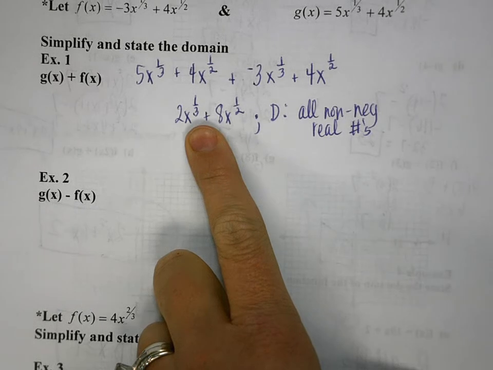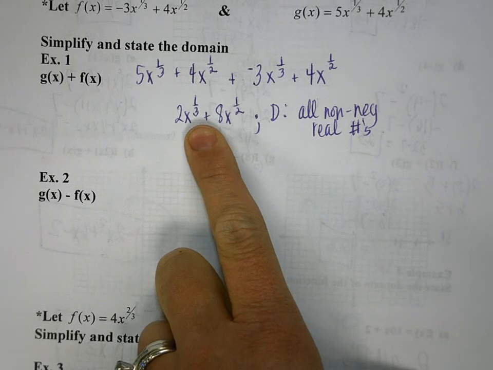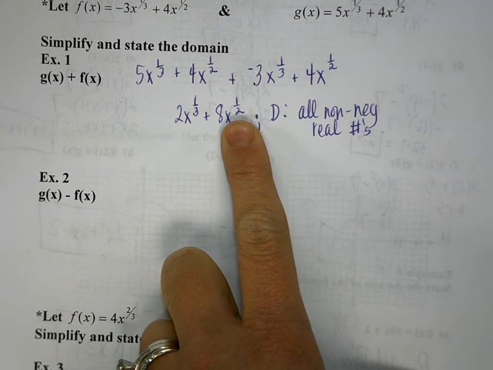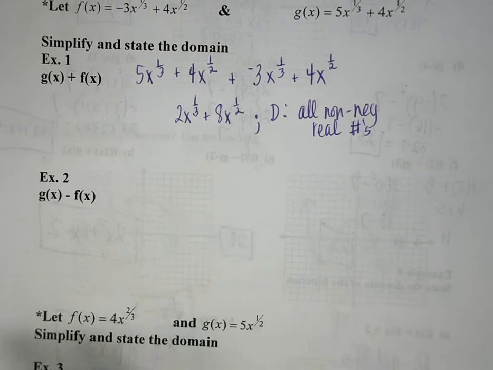Positives and negatives, which would be all reals. Okay? Let's try this again. Odds can be all reals. But evens is going to be what? All non-negative real numbers. Because we can't have negatives. All right? Okay. Moving on.